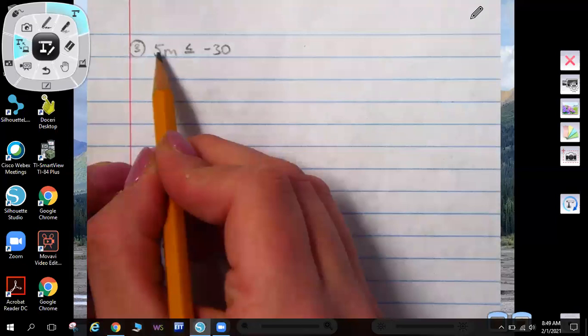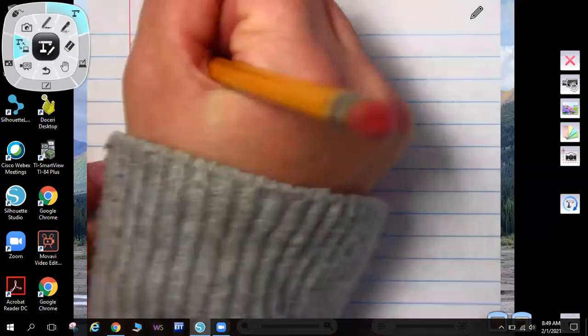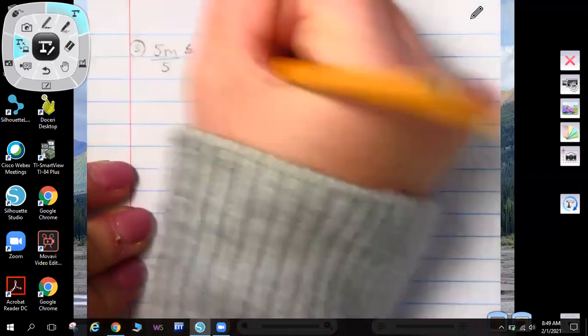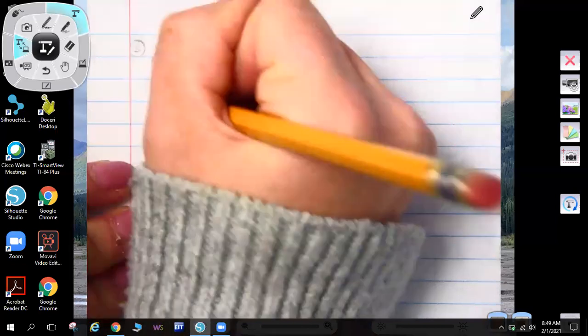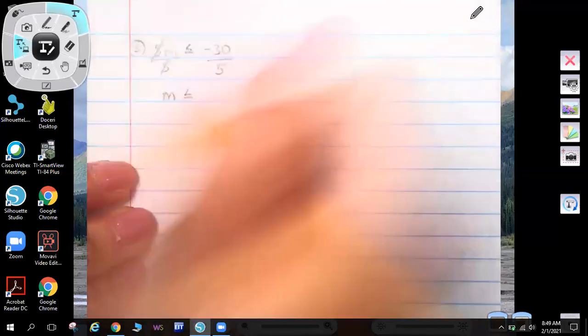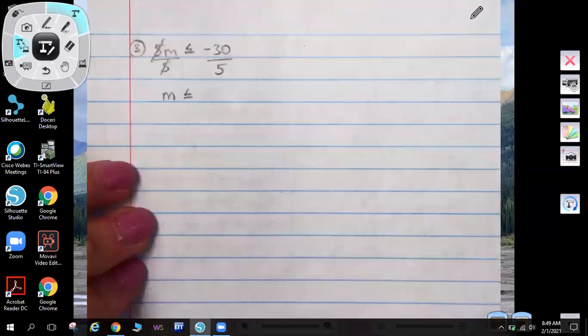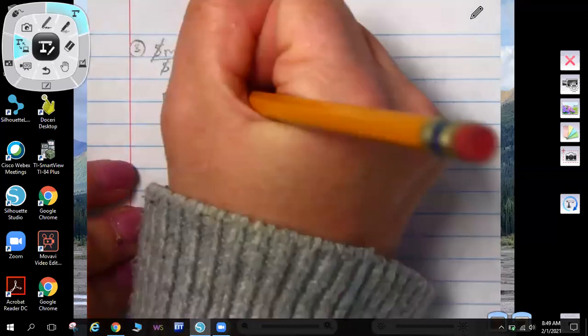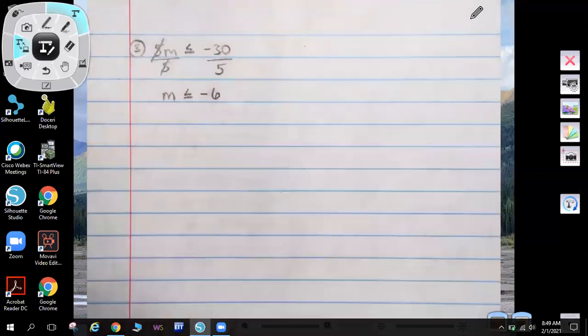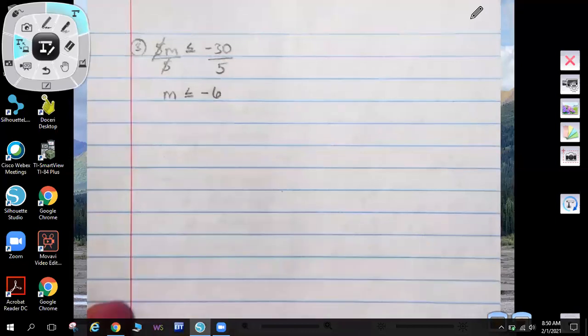So since it's 5 times m, we can divide both sides by 5 to get m by itself. Negative 30 divided by 5 is negative 6. So we got the variable by itself. The inequality is written in the correct order, so we can write our solutions.